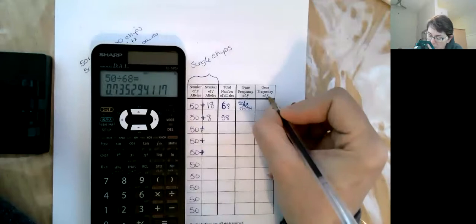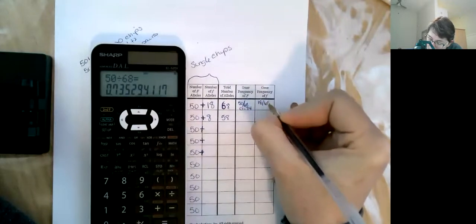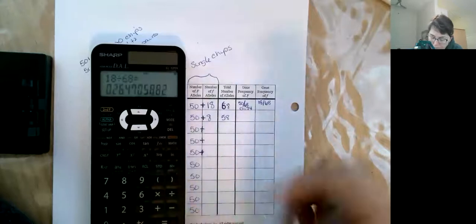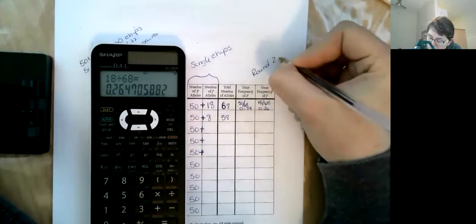And then for this one, we want the no fur gene, so it's going to be 18 out of 68 because the same total, 18 divided by 68, and you get 0.26. So round to 2 decimal places.